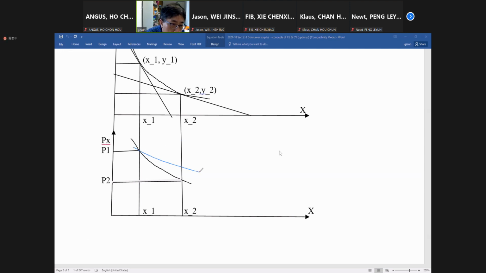This is the Marshallian demand. So the Marshallian demand curve is always on the right of the Hicksian demand curve. What we just discussed confirms this economic intuition.